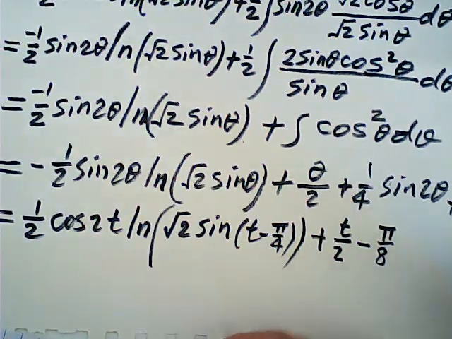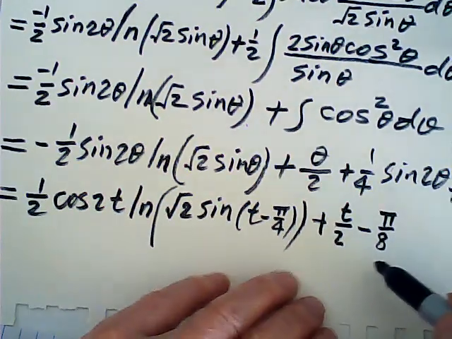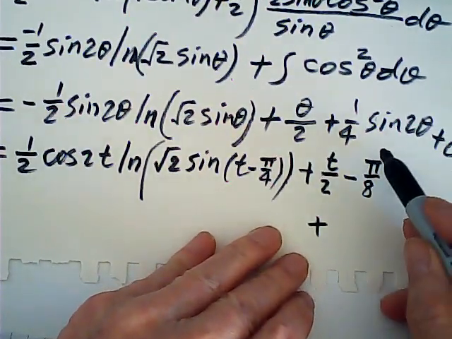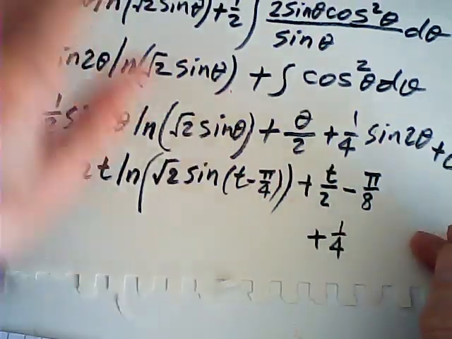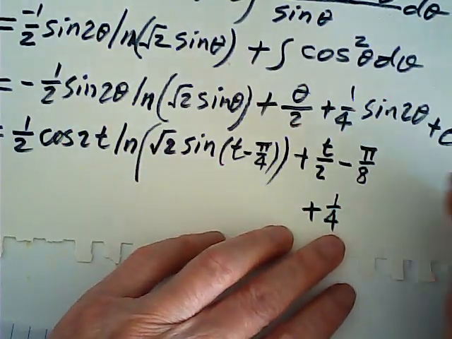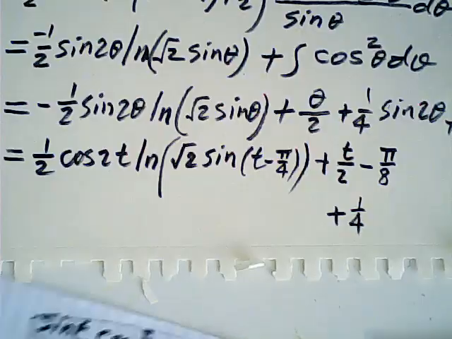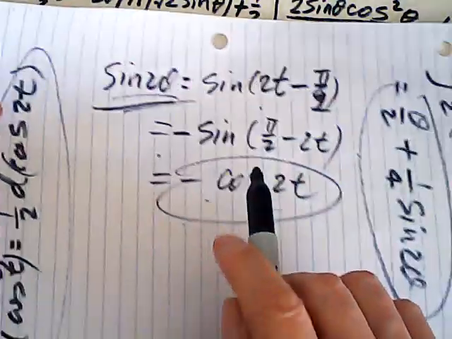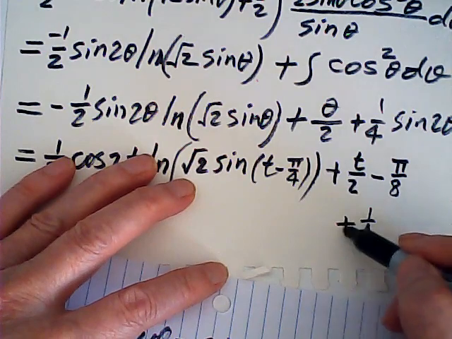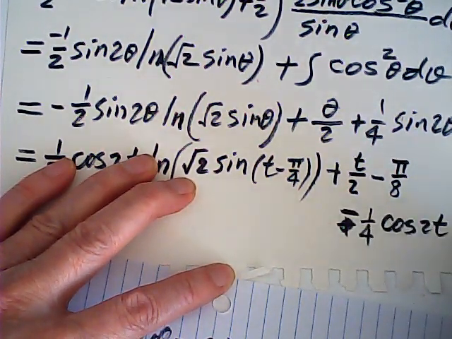And this is for half, right? Then plus 1/4 sine 2 theta. Where is the sine 2 theta? Sine 2 theta is negative cosine 2t. So it becomes negative quarter cosine 2t plus c.